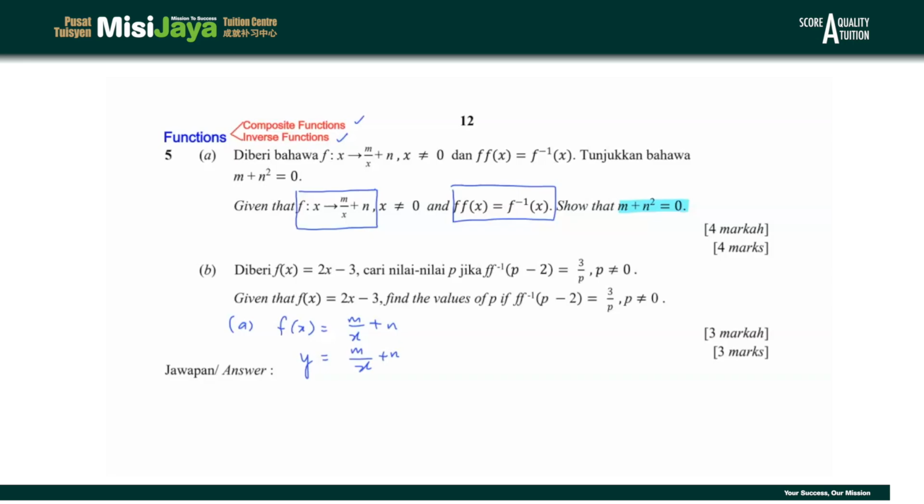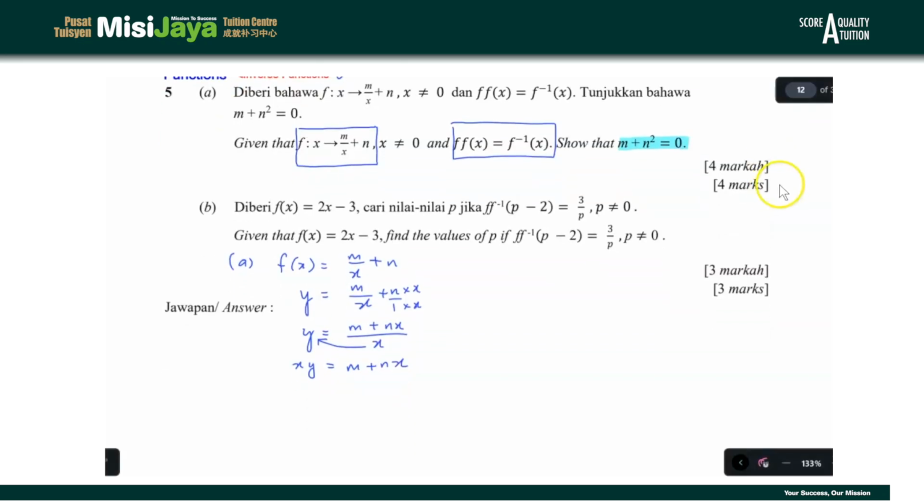So y equals m plus, this one has to times x to make the denominators the same. So m plus nx over x. And then this x, I'm going to move it to the right hand side. So it becomes xy equals m plus nx.